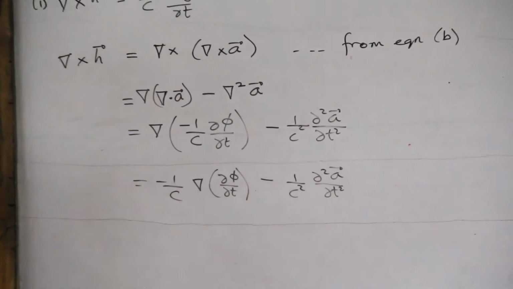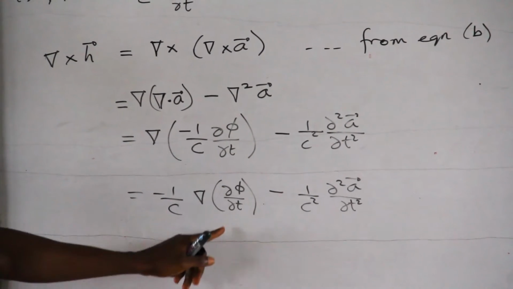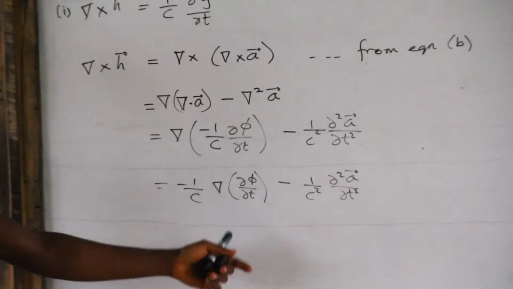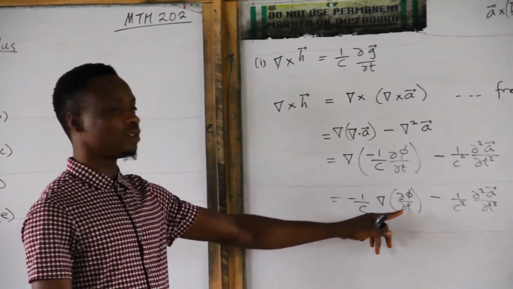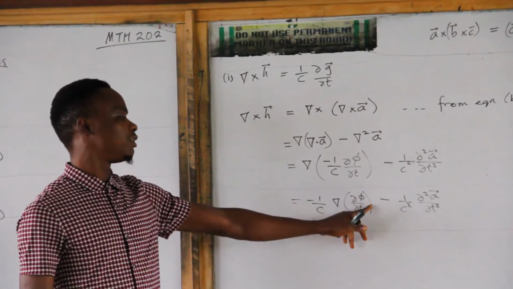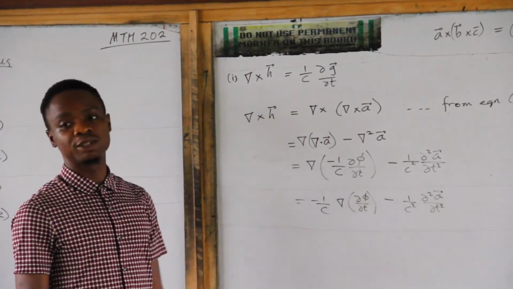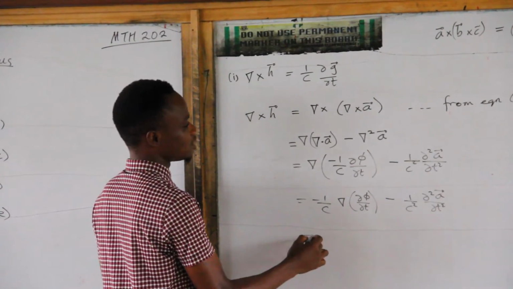Again, I know that this is a differential operator. This is also a derivative, and phi is differentiable. So for a differentiable function, the order of partial derivatives does not matter. It's a partial differential operator, so I can take the nabla of phi first before differentiating with respect to t. Does it make sense to you? So I can move out the t.